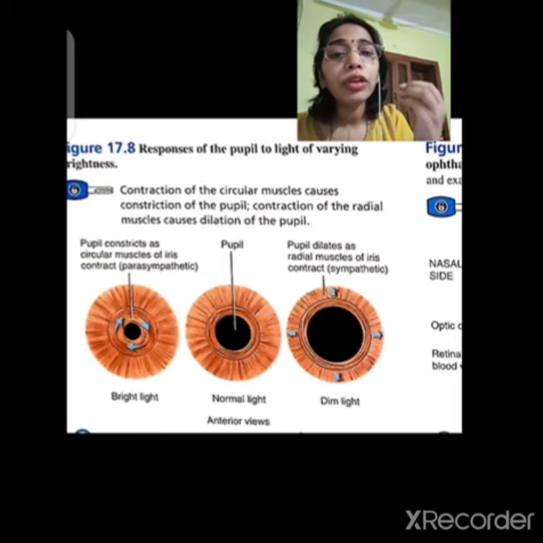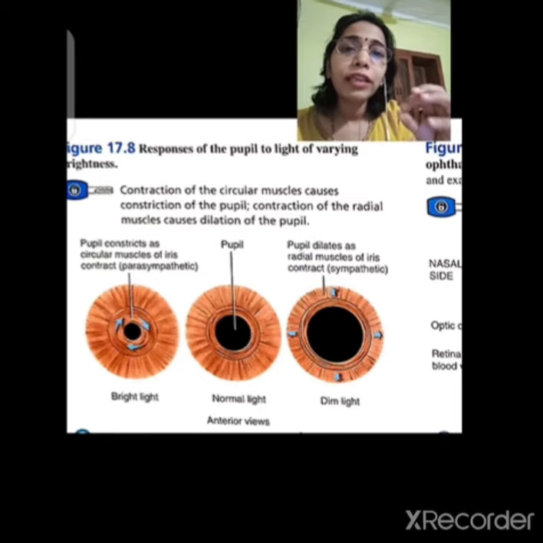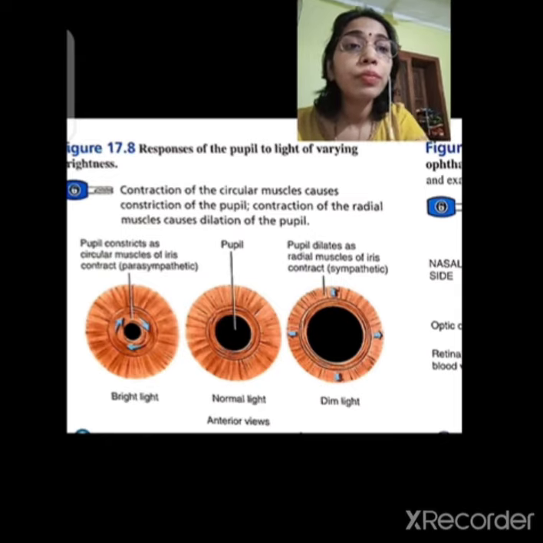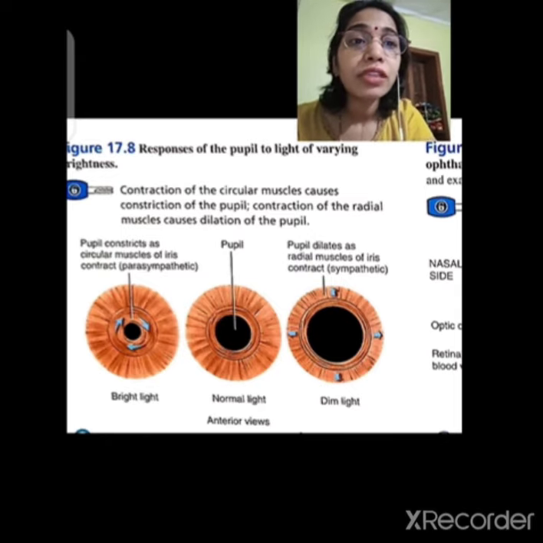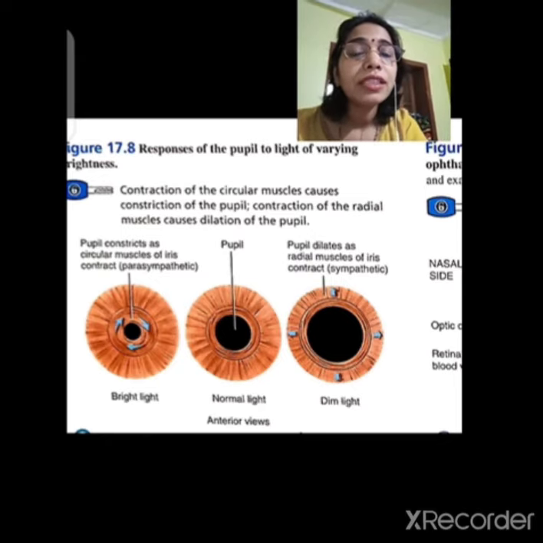And when you're in very dark light, at night, you need to open up your pupils so that more light enters your eyes and you'll be able to see clearly. So the pupil dilates as the radial muscles of the iris contract. When the parasympathetic system is active, you get constriction of the pupil in response to bright light.